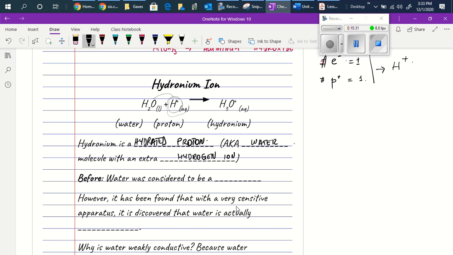Now, water was considered to be a non-electrolyte before. However, now we see that with very sensitive equipment, we are able to see that water actually is slightly conductive.